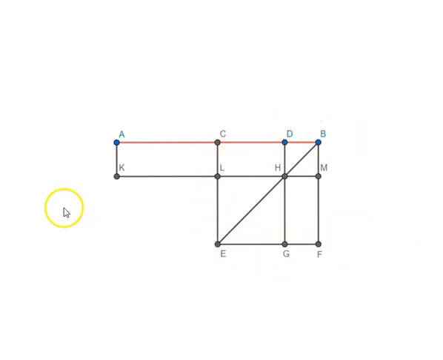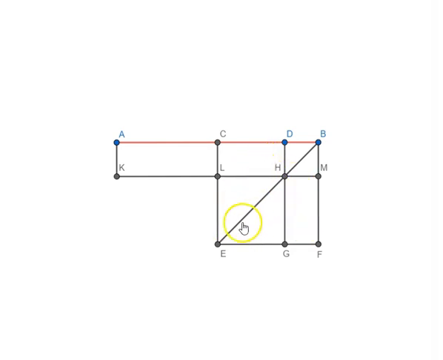Yes. So let's take it step by step. Visually we can see that this is going to be equal to this rectangle. Rectangle CH will be equal to rectangle HF. Why? Because they are complementary parallelograms.